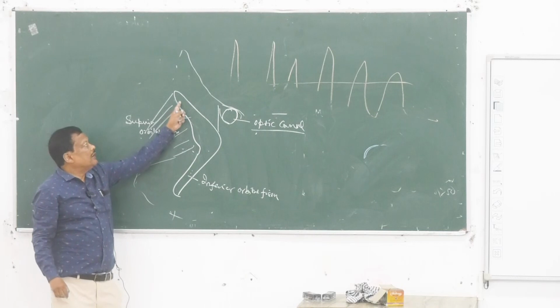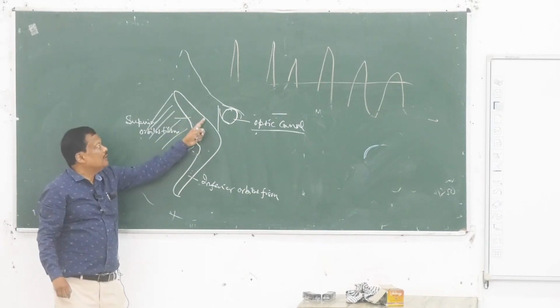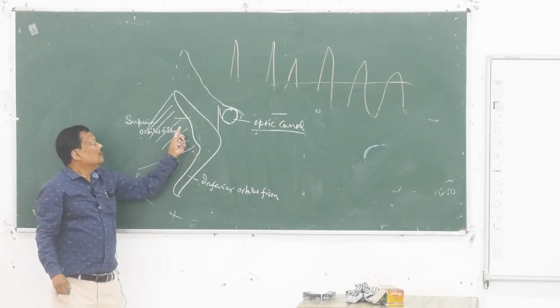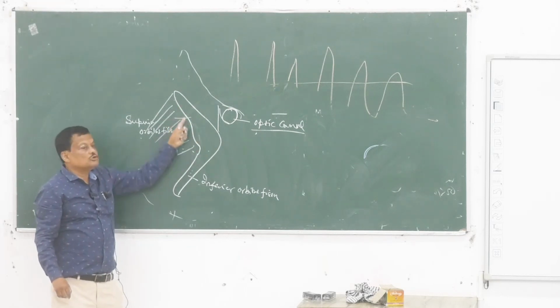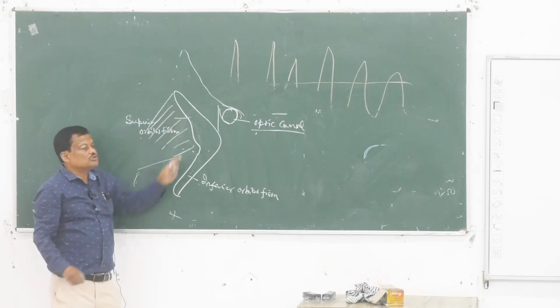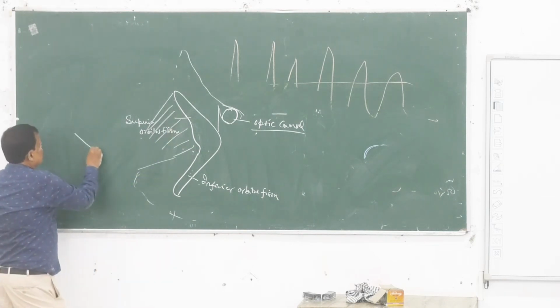So superior orbital fissure is a space between the lesser wing, greater wing and the body of the sphenoid. Shape is retort shaped. Retort means like this.